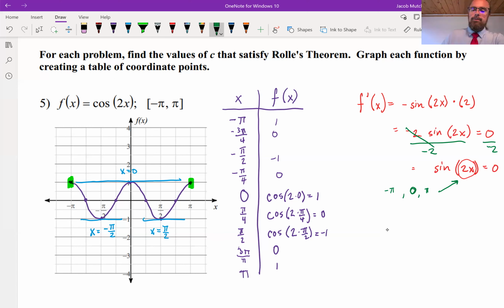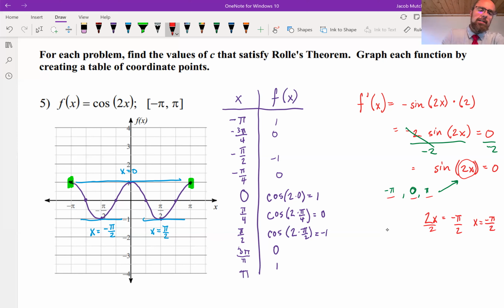So what we need to do is just solve for those 3. So since this angle is given as 2x, creating some related but smaller equations, I want to set 2x equal to these 3 values. So 2x equals negative pi. So I'll just solve there. That gives me x equals negative pi over 2.